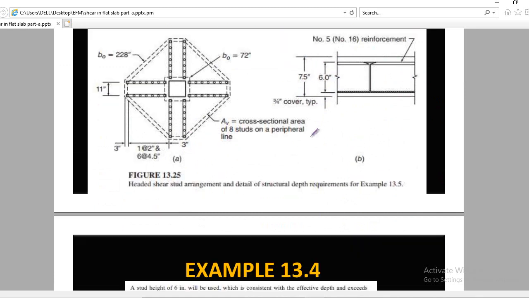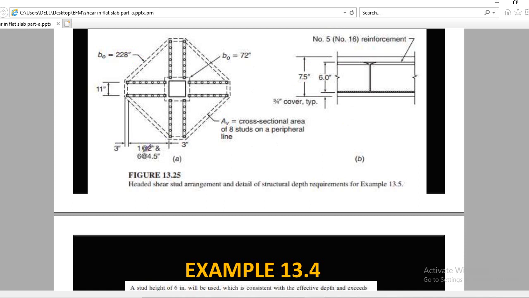And this is the final reinforcement. Add studs on each periphery. This first interior critical section has b naught of 72 inch, and the last one is 228 inch. We already calculated this in the previous example.